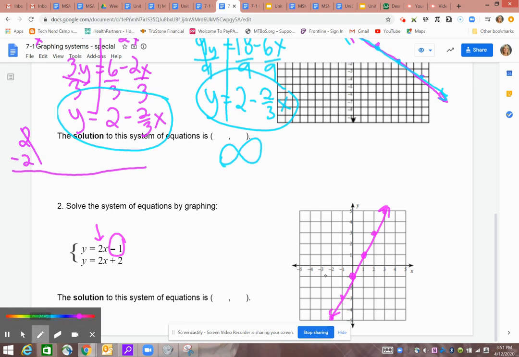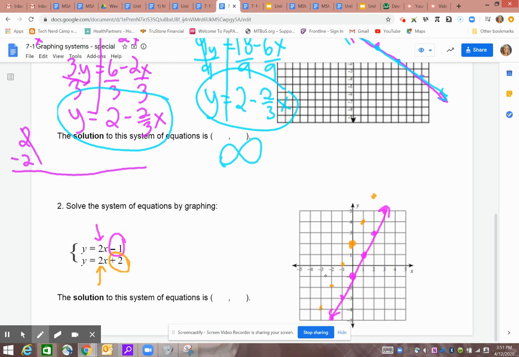My second line, I'm going to make this kind of an orange color. I have a y-intercept down here of +2. But check out my slope. It is also 2. Rise 2 over 1. Down 2, left 1, down 2, left 1.